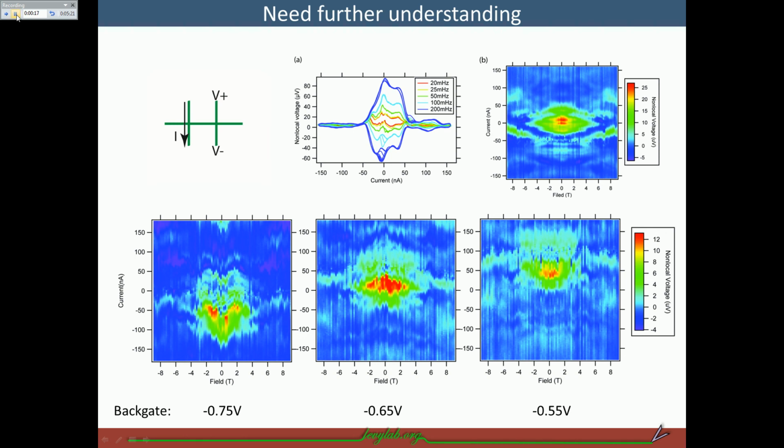Yeah, I mean, you can just say that there are some devices where, and here you're showing the magnetic field dependence, right? Yeah. So maybe you can say non-monotonic. Give it a name.